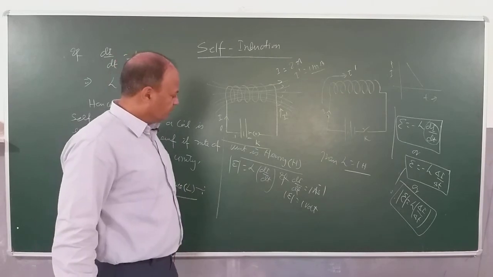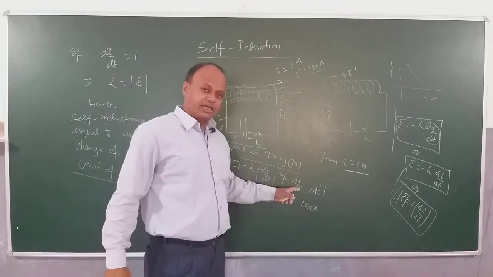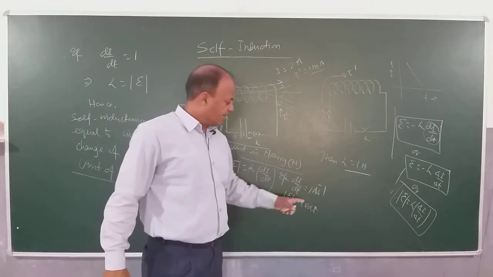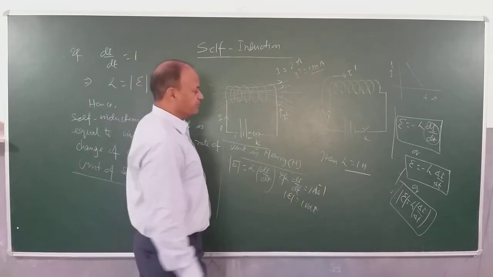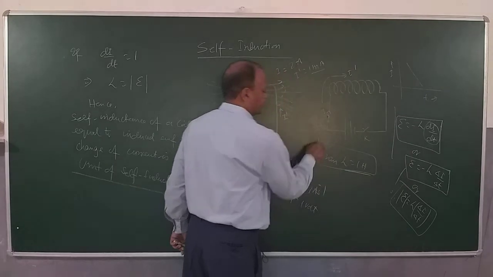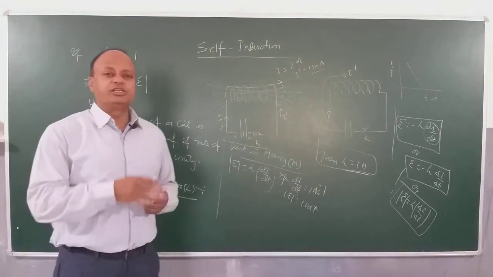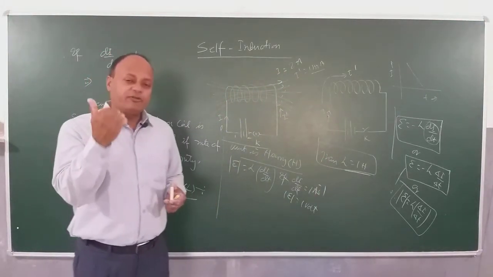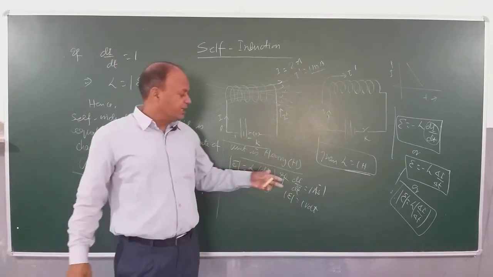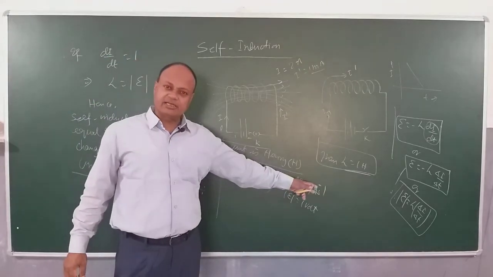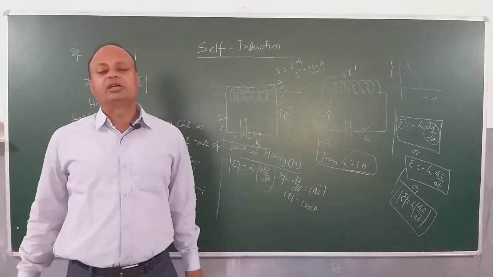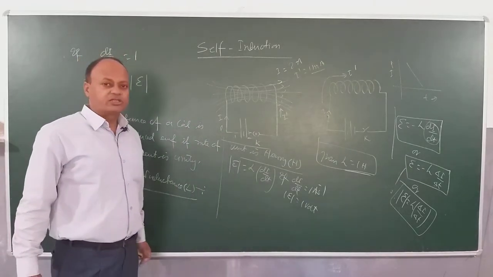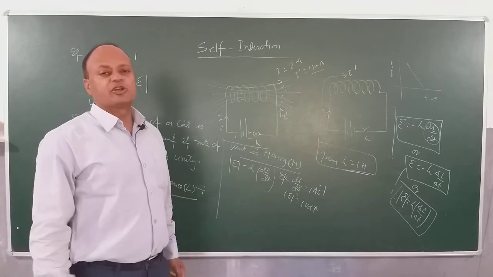Meaning, if current is changing at the rate of 1 ampere per second and induced EMF is 1 volt, then inductance is how much here? 1 Henry. Clear? So easily understood. If rate of change of current is 1 ampere per second and induced EMF or back EMF in the coil is 1 volt, then the self inductance is equal to 1 Henry.